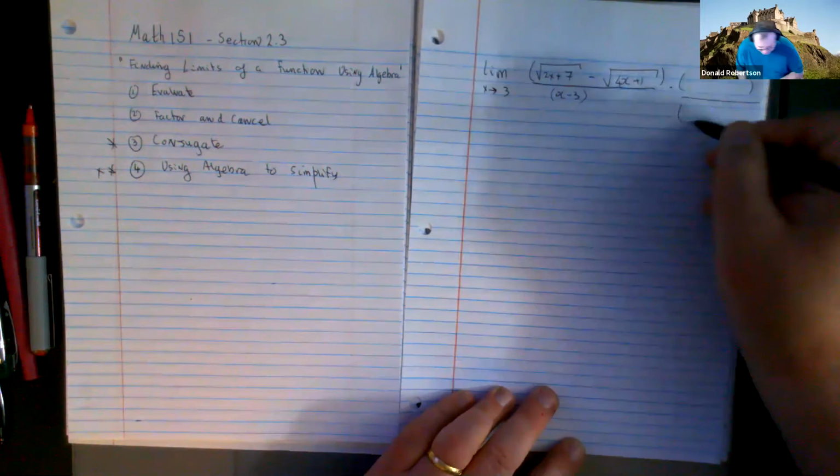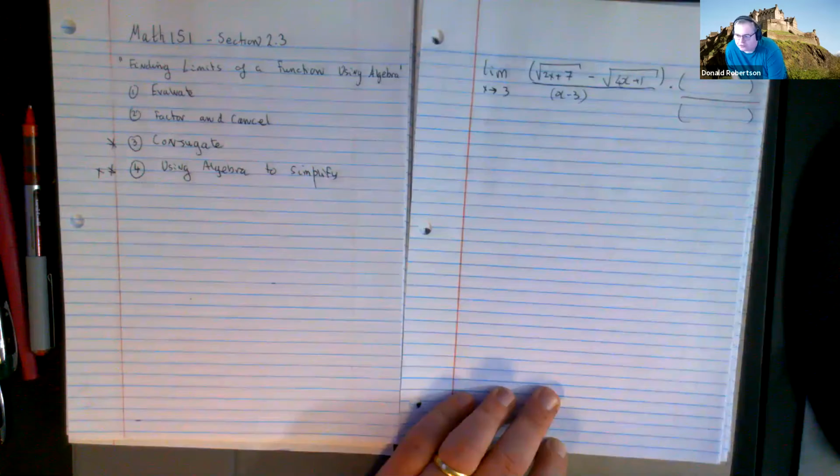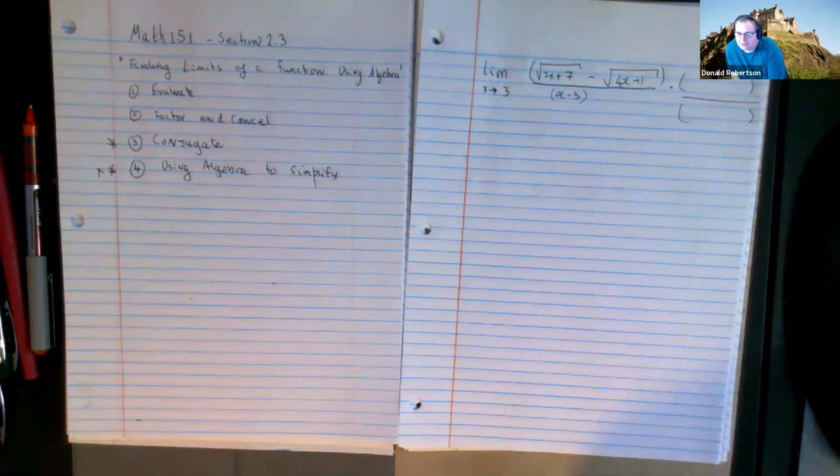And the reason why I push that a little bit, especially the conjugate method, is that when you get a limit to do, there are 4 techniques, right? And although all 4 techniques you might be comfortable with, don't you have to know which one of the 4 is the right one to use? Otherwise, you won't be able to do the question, right?